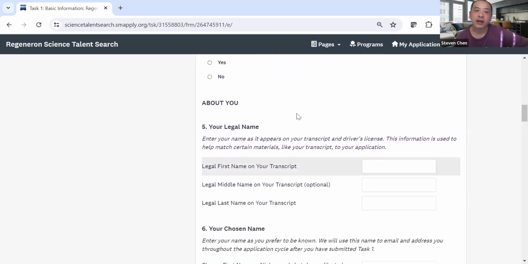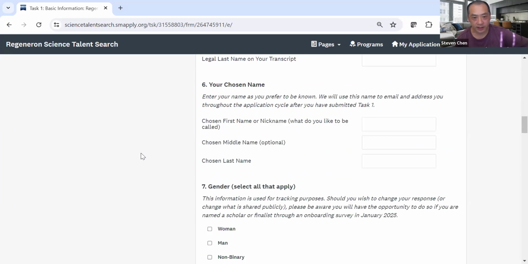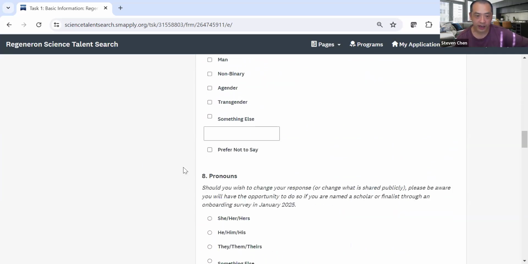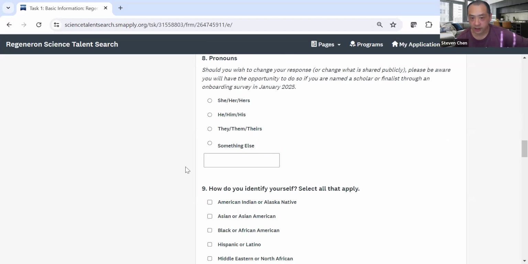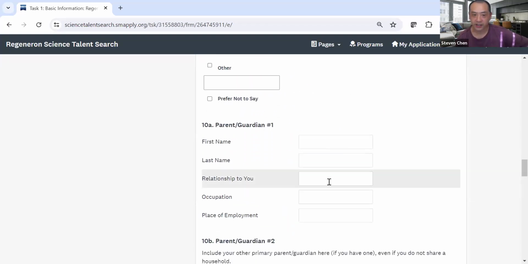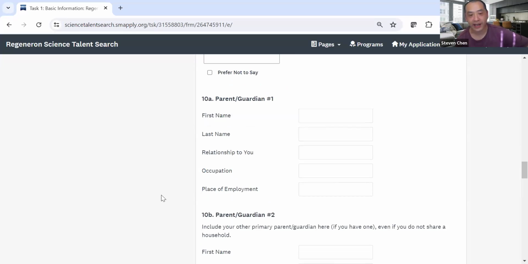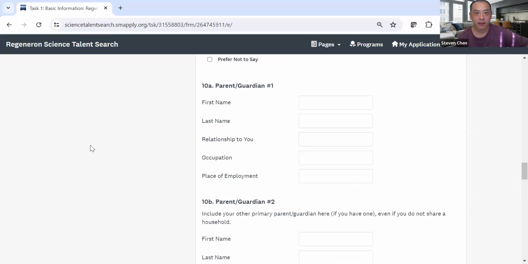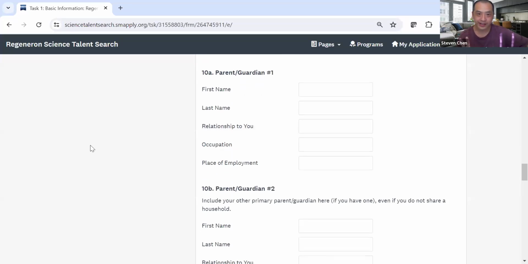The next several questions are about your basic information: your name, gender, pronouns, your self-identification. Those are very basic. Questions 10A and 10B are about your parents' information. Again, STS cares about your parents' background a lot.